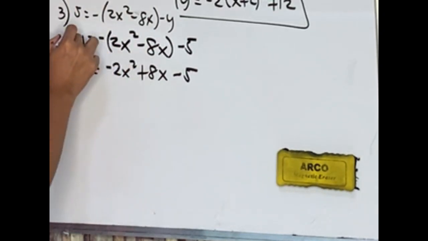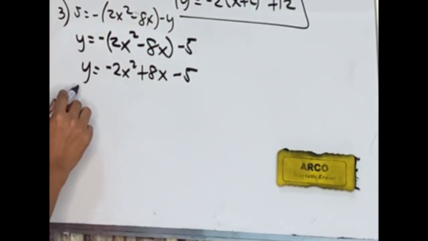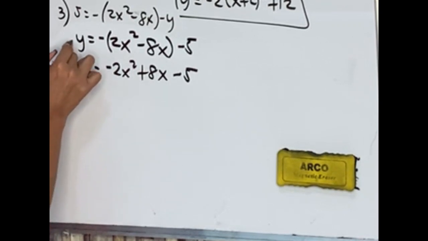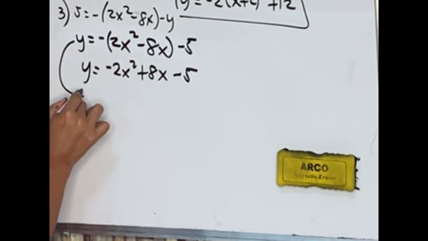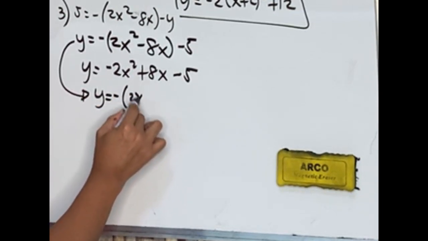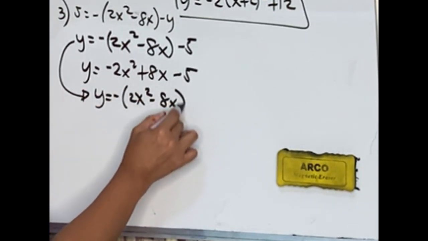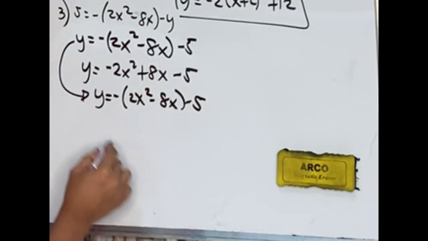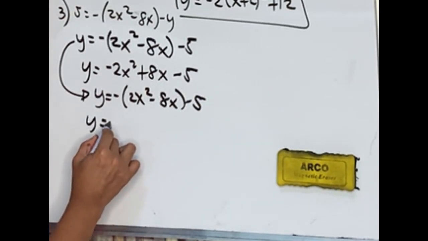Now let's have the vertex form of the given equation. Referring to using the second step of our solution, we need to factor out negative 2 in the group. So you will be having negative 2.